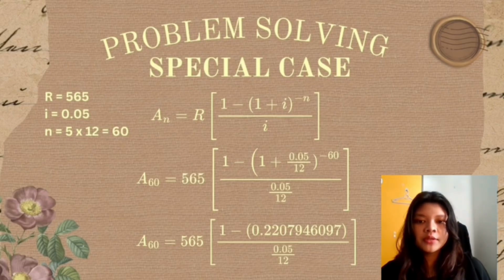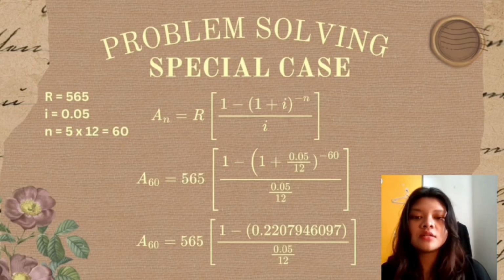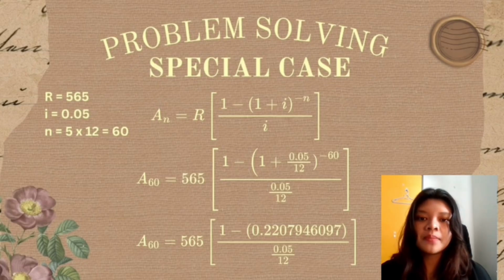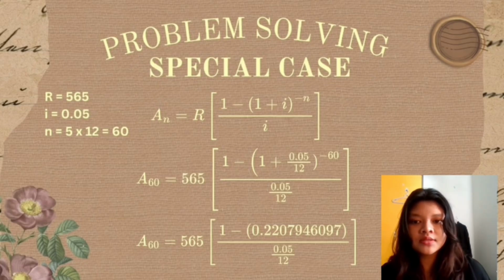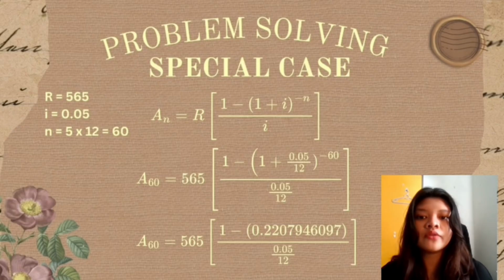Based on the given formula, A to the power of 60 equals 565 in bracket 1 minus in bracket 1 plus 0.05 per 12 to the power of negative 60 per 0.05 per 12. Firstly, we need to solve the upper bracket first, and the answer should be 0.220794697. After that, we need to minus the answer from 1 to solve the fraction.